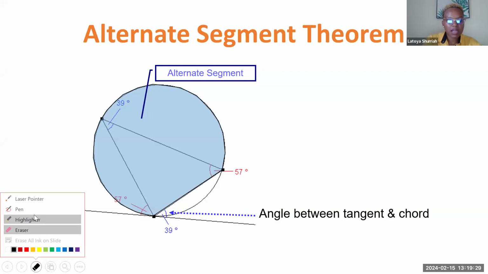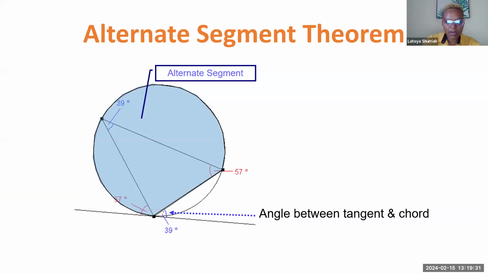Right where the arrow is pointing, I'm going to shade it red. So that angle that is formed between the tangent, here is my tangent, I'm going to call my tangent CD. So this end is D and this end is C.